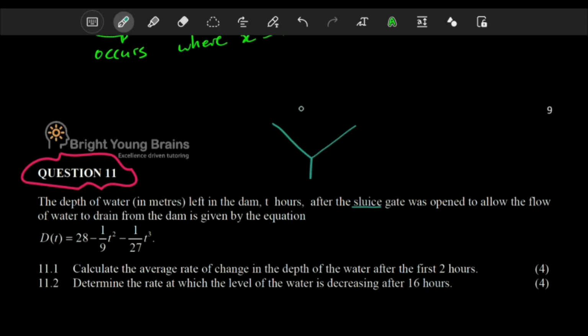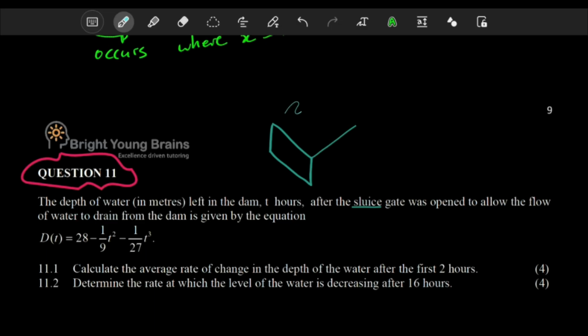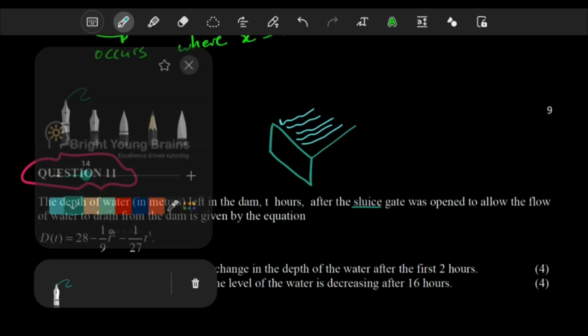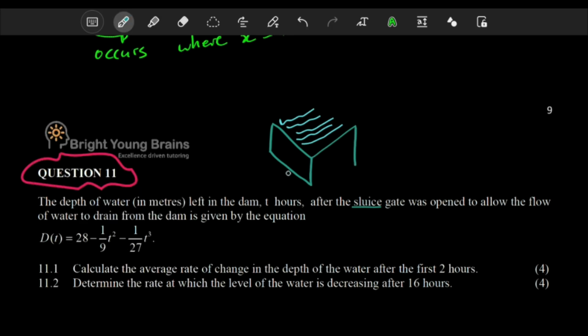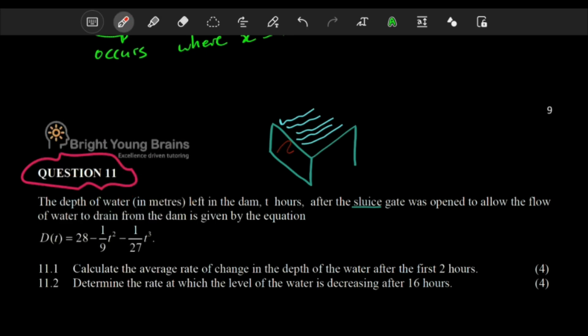Basically, you can think of it this way. Let's see if our artistic skills can come to the party. You have this dam, with the water in there. And in front here you have a gate.